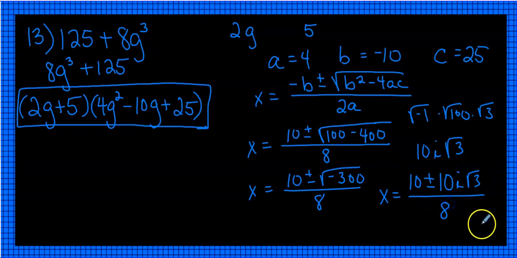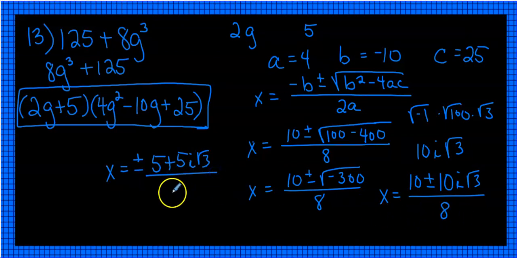Okay, so the last thing I can do is, all of these are even numbers. I can actually simplify this a little bit by dividing everything by 2. So that means X would equal 5 plus or minus 5i root 3 over, and then divide that by 2 also, 4. So this is 2 roots right here.